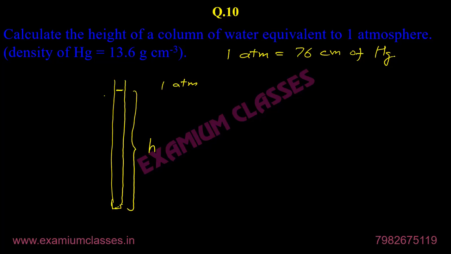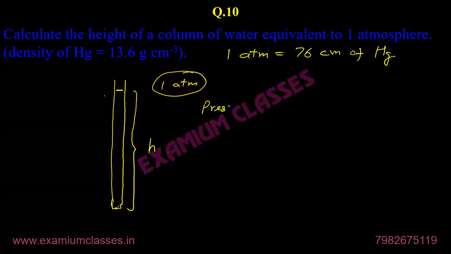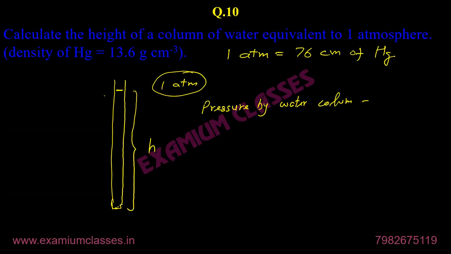So how to attack such a problem? Understand, okay? Basically, the pressure is 1 atm. So pressure by water column is 1 atm, and 1 atm is actually 76 centimeters of mercury column.